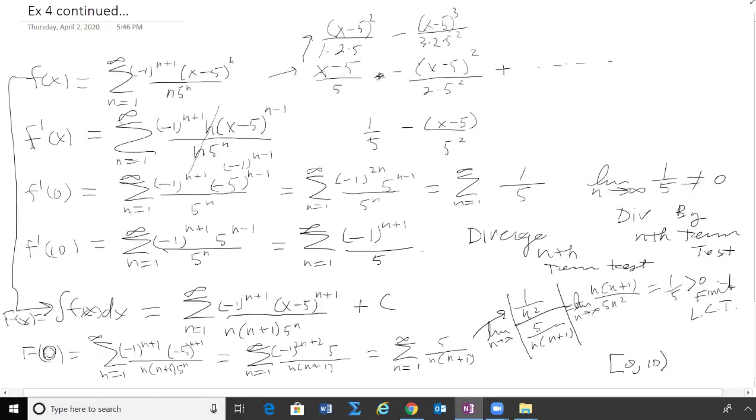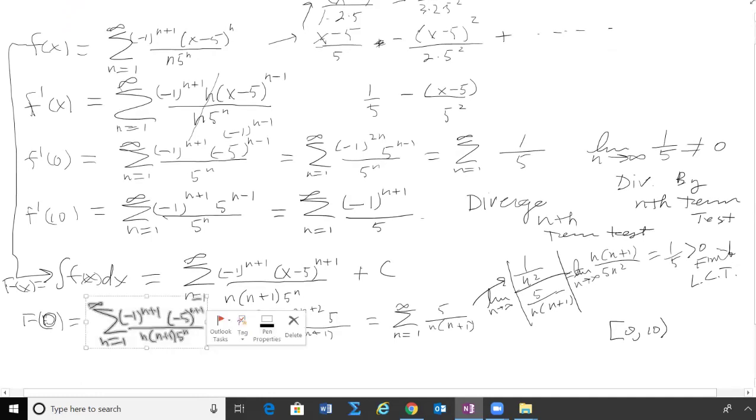Let me do this really quick. Okay, so here's our function. This is our integral function.